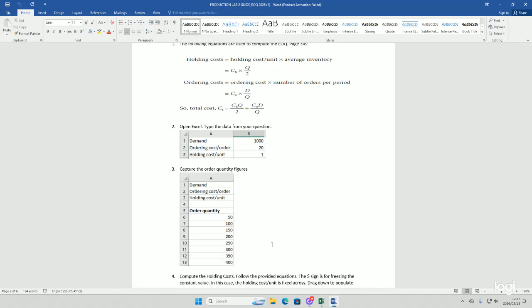There's stock in inventory, and having that kind of stock will definitely increase their holding costs. So we are trying to avoid this excessive stock.